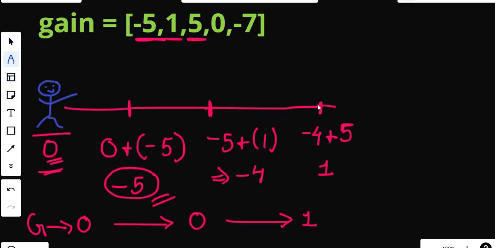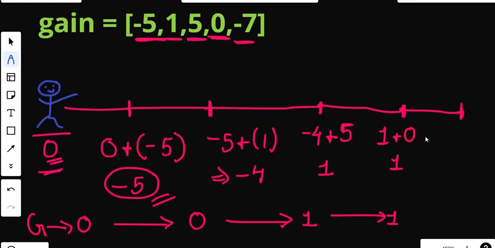Now again I will move forward, and after traveling some distance, at this point again I will do the same thing. I will take 1 and add 0 and it will remain 1. So my greatest altitude is also 1. And again I will move forward and reach this last step, which is -7.